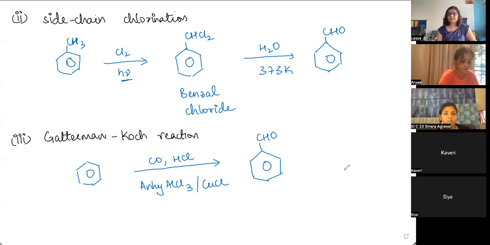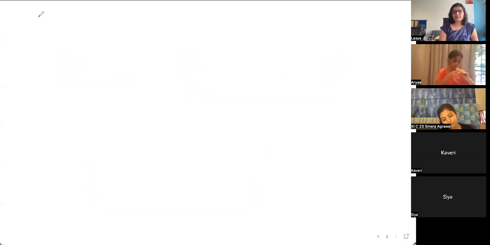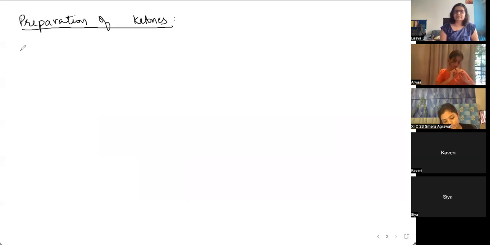Okay. Now, last section in preparation, we're looking at preparation of ketones. So there are 3 reactions in preparation of ketones.